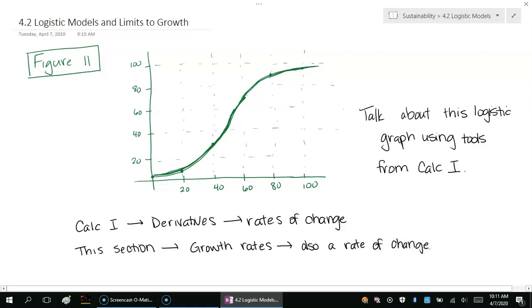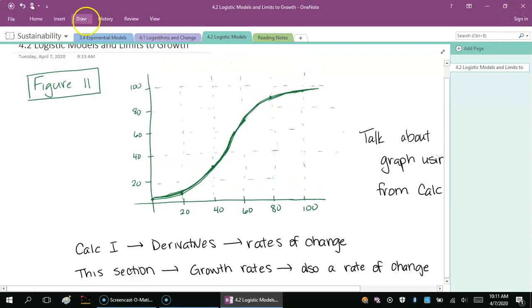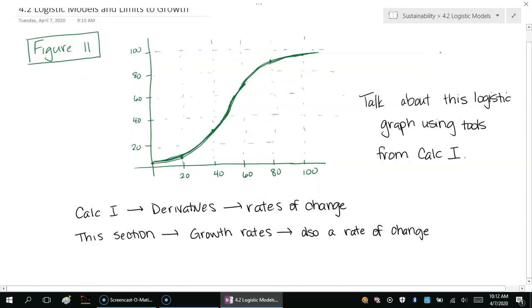So what I want to do is make the connection between what we did in Calc I, where we studied rates of change, and what we're studying now, where we're studying growth rates, which is also a rate of change. And maybe let me change colors for this. An important difference is that in Calc I, when we study derivatives and rates of change, we are talking about an absolute rate of change.